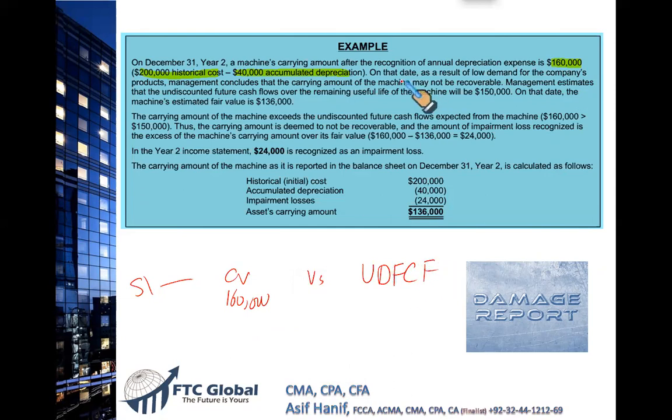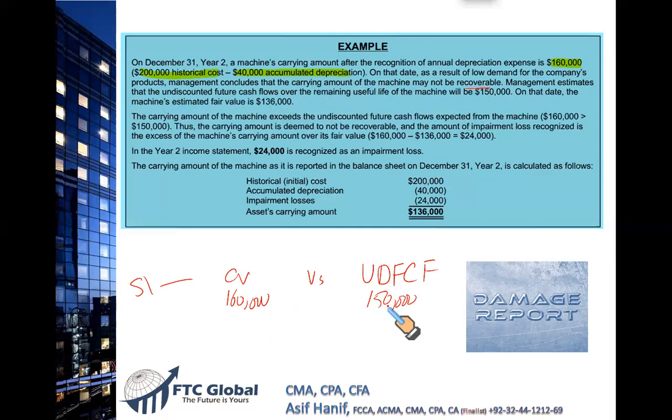It says that on that date, as a result of low demand for the company's products, management concludes that the carrying amount of the machine may not be recoverable. Management estimates that the undiscounted future cash flows over the remaining useful life will be 150. Now, gentlemen, the first step tells us that the carrying amount is more and undiscounted future cash flows are less.